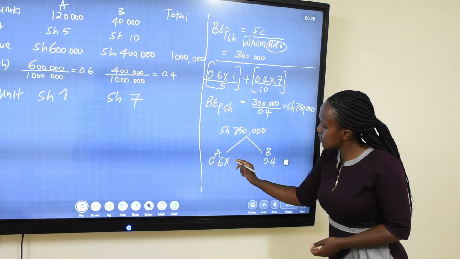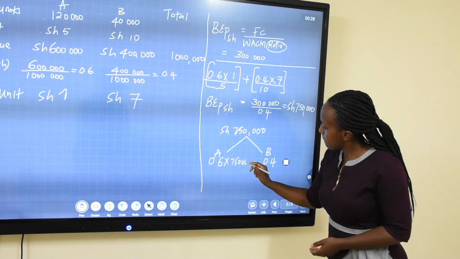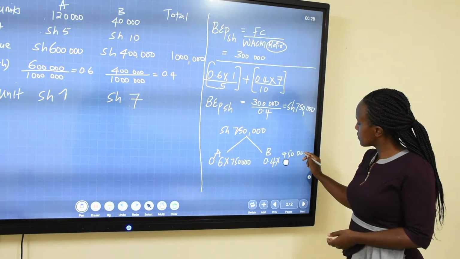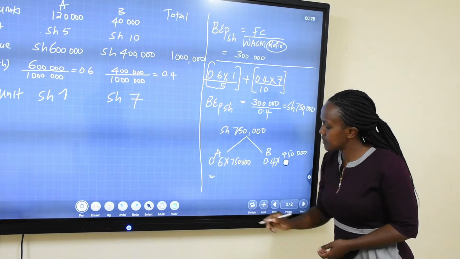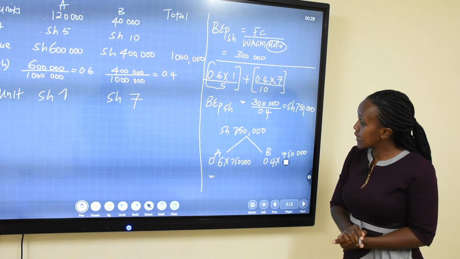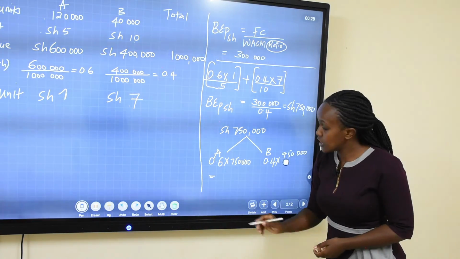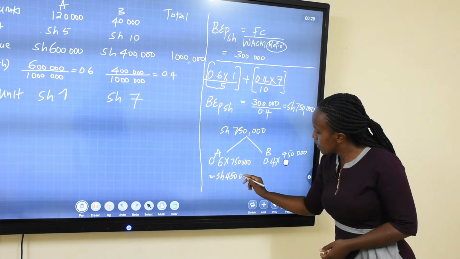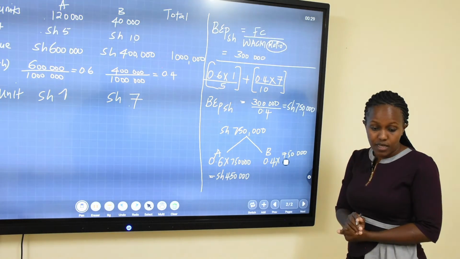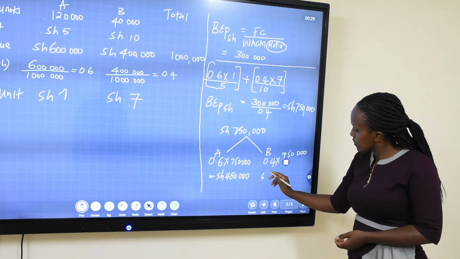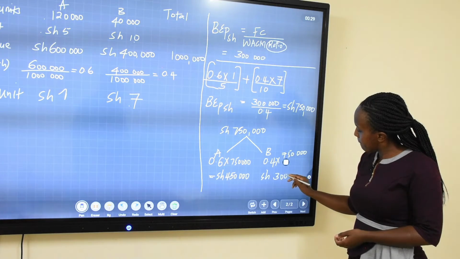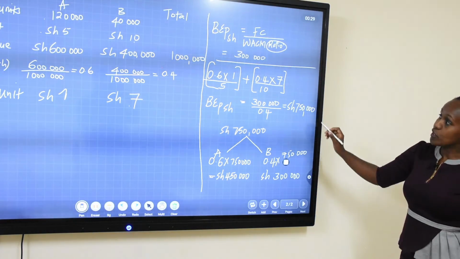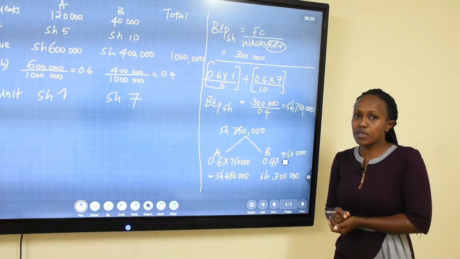Multiplied by 750,000, also multiplied by 750,000, and you're going to get that for A, at the break-even point in shillings, it is going to be 450,000. And for B, it is going to be 300,000. So this is how you compute now BEP both in units and BEP in shillings.